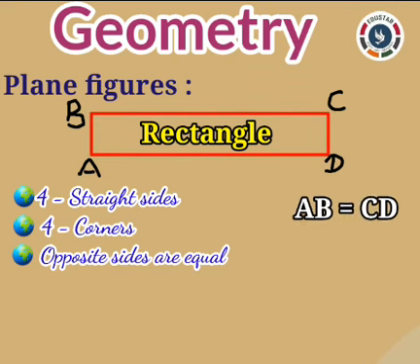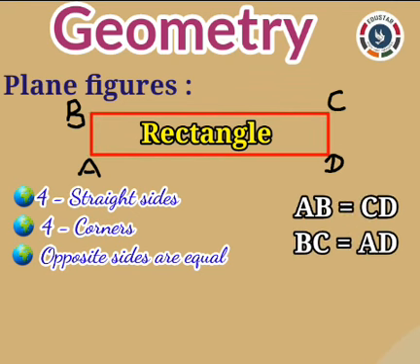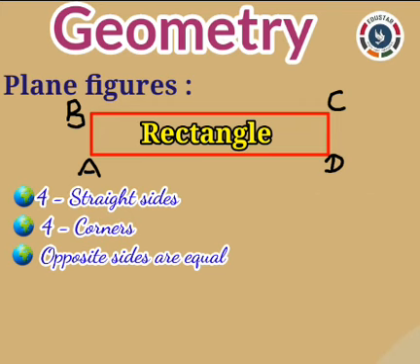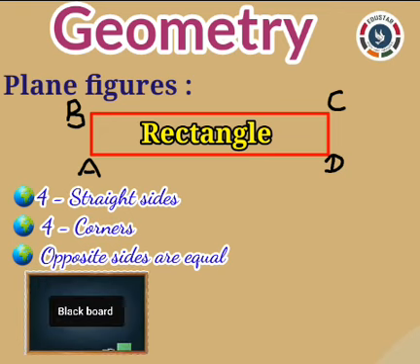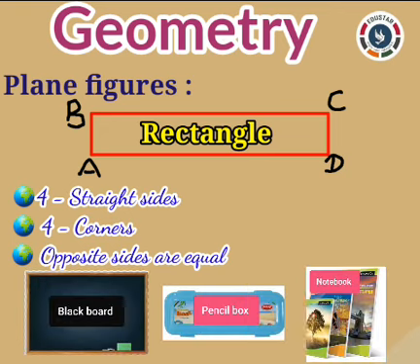Side AB is equal to side CD. Side BC is equal to side AD. So, opposite sides are equal in a rectangle. This rectangle has 4 corners, that is A, B, C, D. Some real-life examples are blackboard, pencil box, notebook and so on.